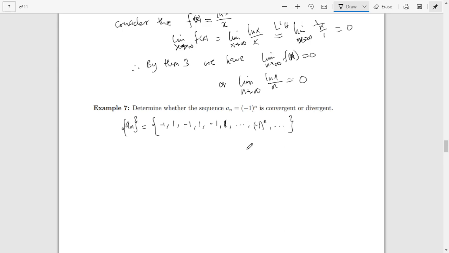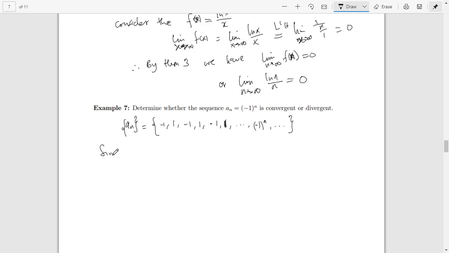Now this is alternating between -1 and 1, so we don't really know whether at infinity this is going to be 1 or it's going to be -1. So we say that the limit of this does not exist.